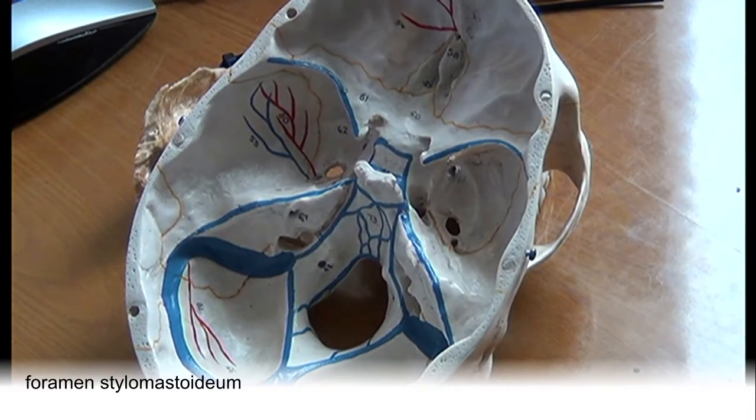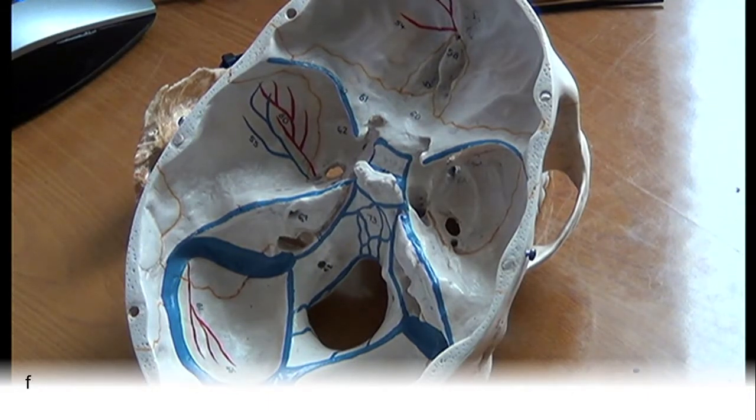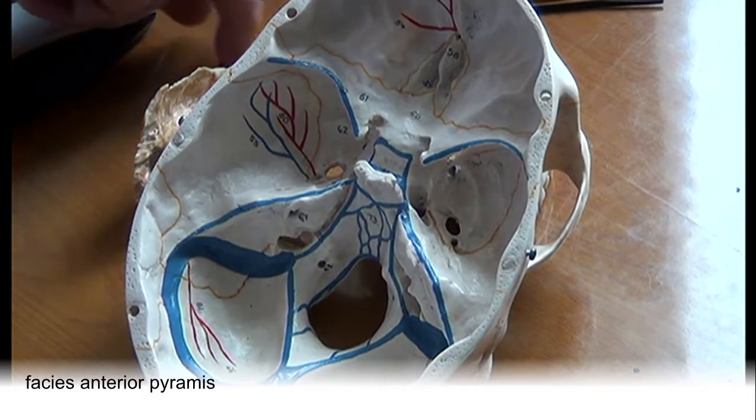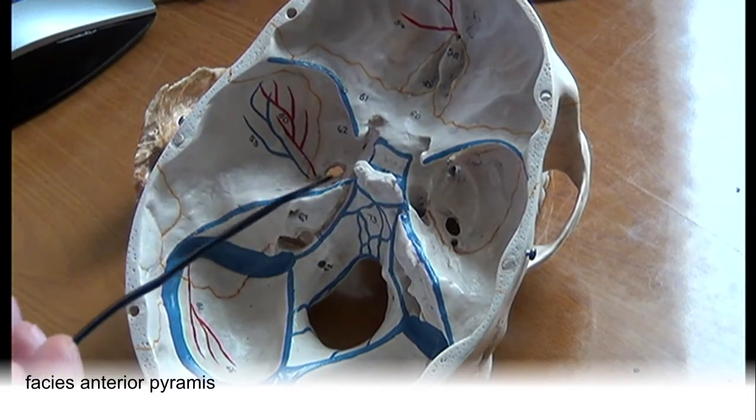Anterior surface means facies anterior pyramis. Facies anterior pyramis.